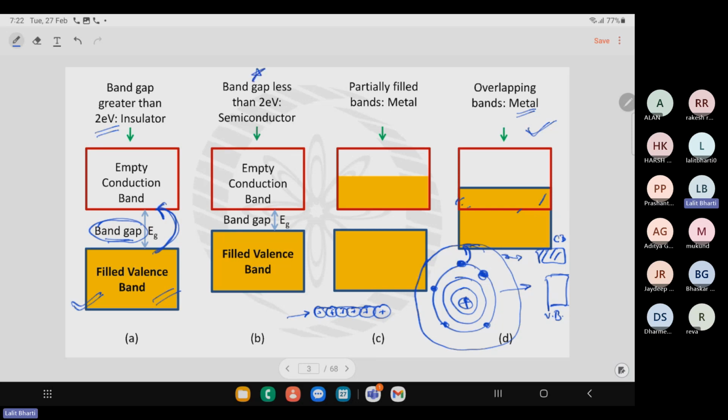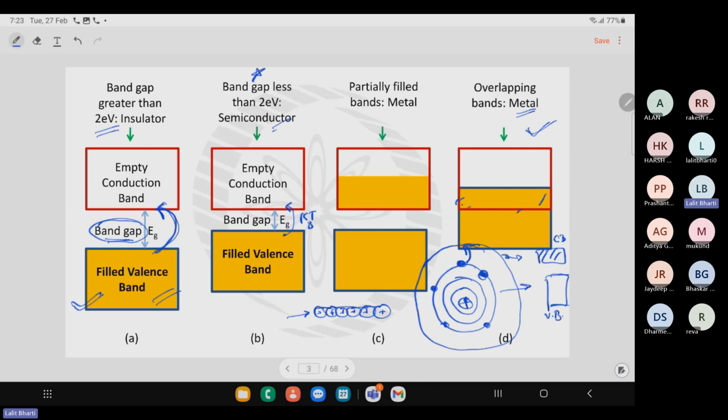In this case, your energy band gap is lower than 2 electron volts. So basically, at absolute zero temperature, they are not conductive. They work as insulators. But if you have some temperature, your electrons will get some energy, kT, where kT is the thermal energy at temperature T. So your electron will go from the valence to the conduction band, and you will get the material as conductive.